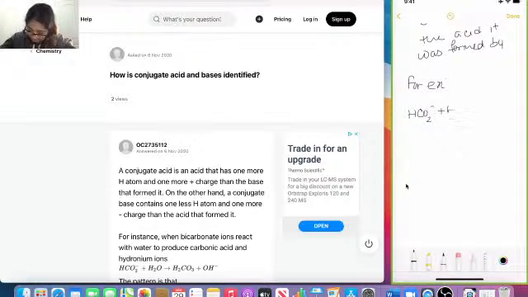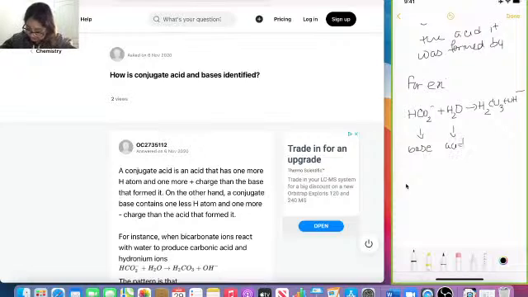It reacts with water, and it produces carbonic acid and hydroxide ions, so you have H2CO3 plus OH negative, right? The pattern here is that since this is negative, this would be our base, and water in this case acts like our acid.